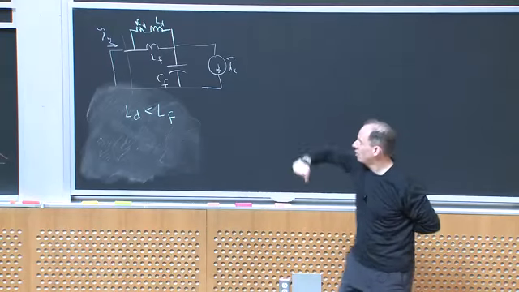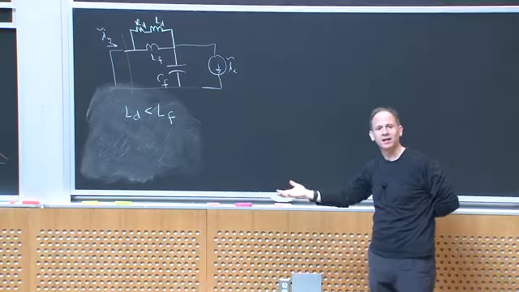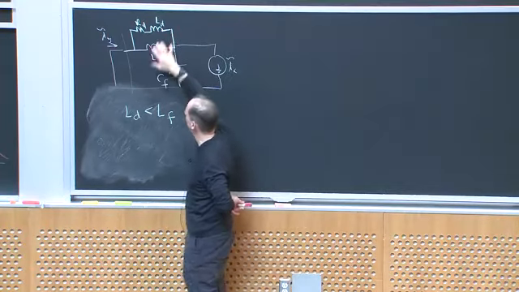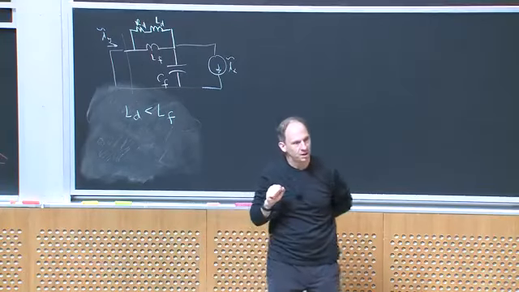Now, this is also a very popular damping scheme, and you can do the same thing for this analysis. There's always going to be, for a given value of LD relative to LF, an optimum value of RD to give you good damping.